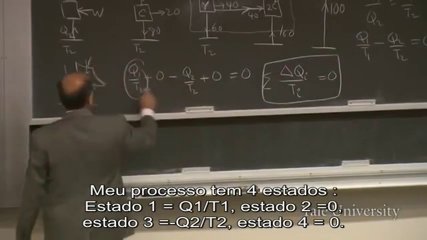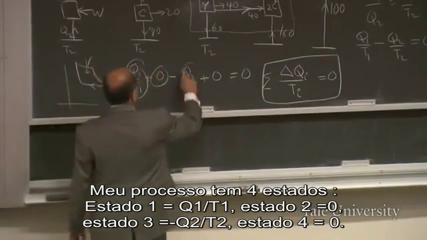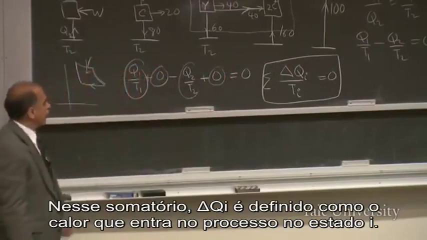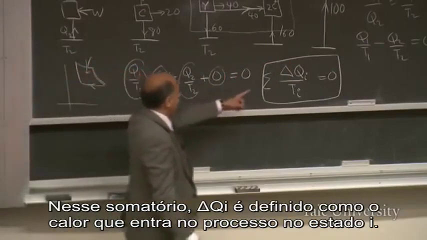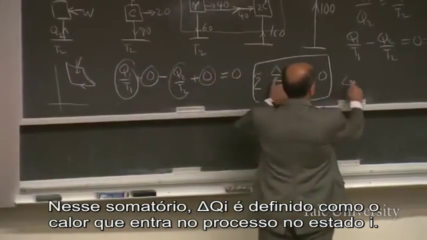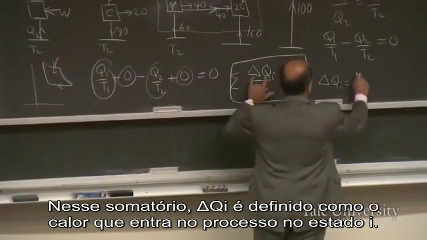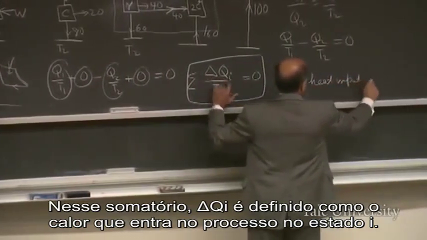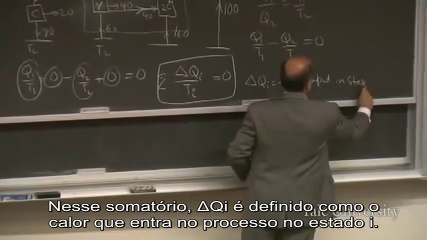Stage 1 is here, stage 2 is adiabatic, stage 3 is this, and stage 4 is 0 again. In this summation, delta Qi is the heat input in stage i, in the cycle or in the process.